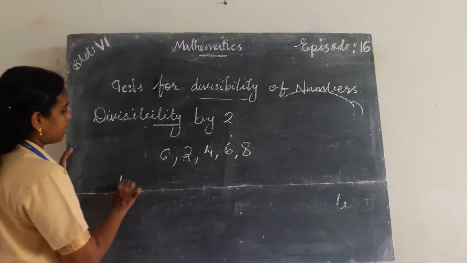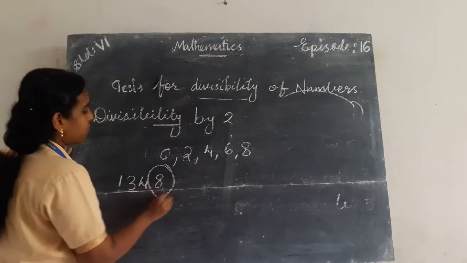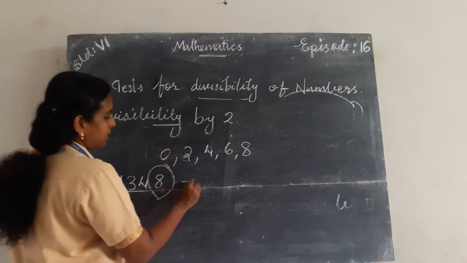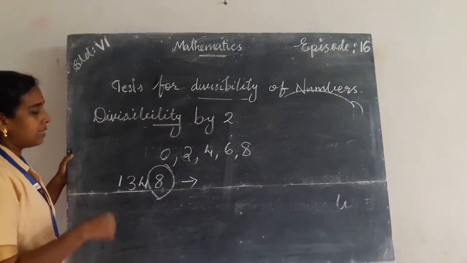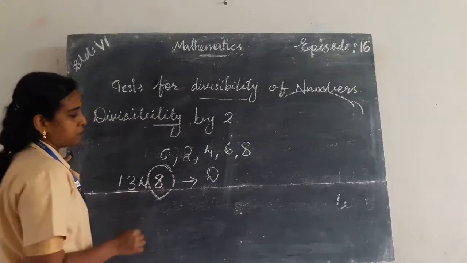If a number is given, here 8 is at ones place, so this number is an even number and it is divisible by 2.